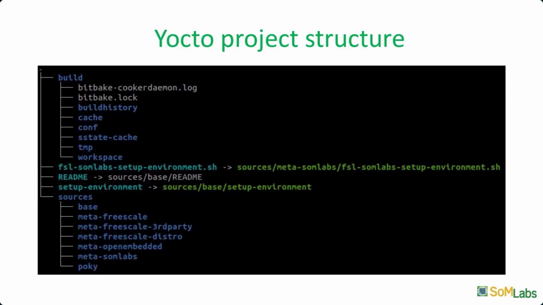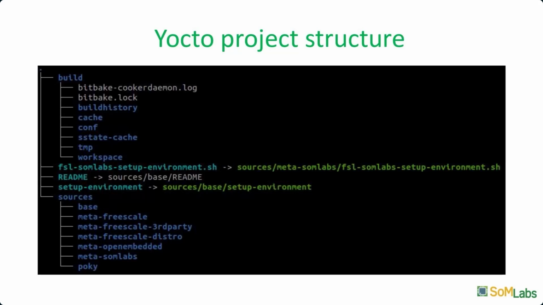In the sources directory, the recipes, so the instructions to build every package, are in one of the meta layers. The meta layer is related to the provider, like Meta Freescale, that contains the instructions to build the Freescale or NXP processor related components, some drivers, Linux kernel, and bootloader for the product.